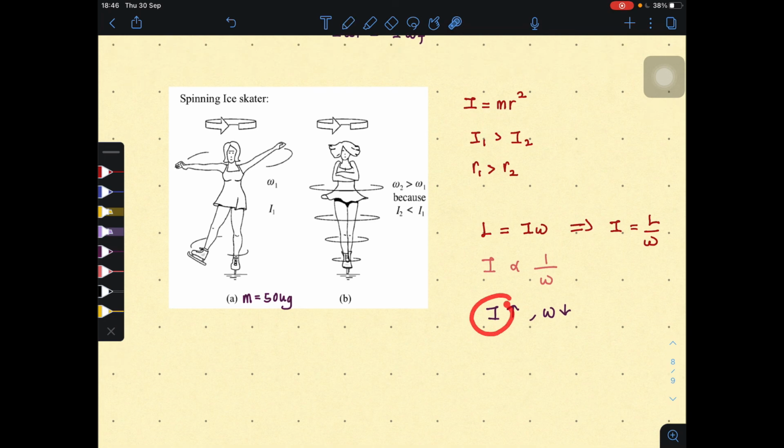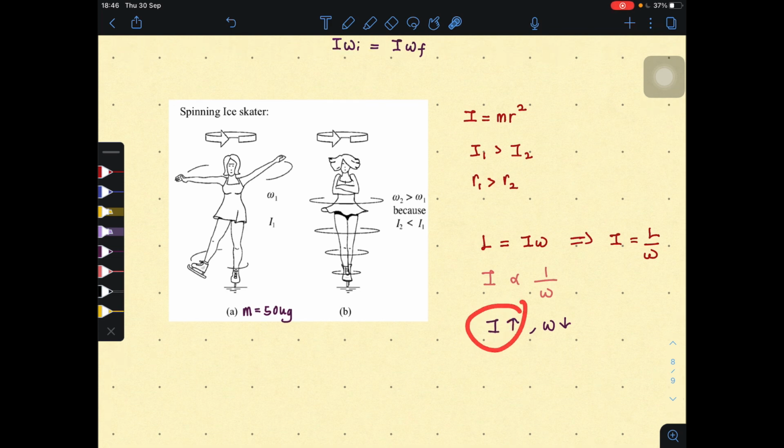Because we know moment of inertia is the tendency of a body to resist angular acceleration, which is similar to angular speed. So if I increases, omega decreases. It means here it is harder for her to spin compared to here. Omega here is higher, larger than here. The speed will increase in here compared to the one in here.